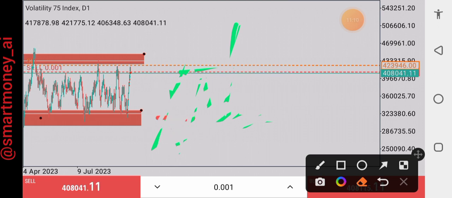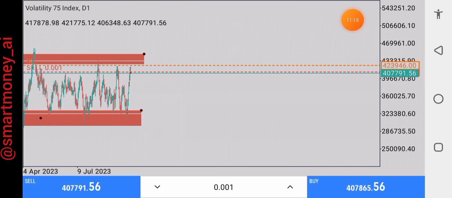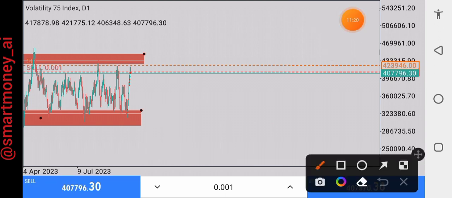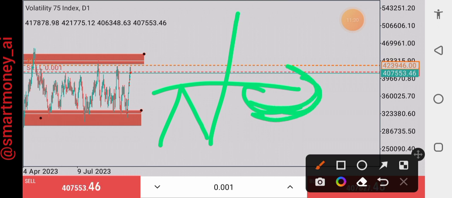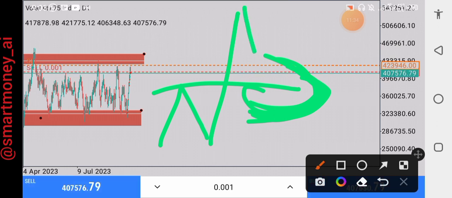Let me show you something again. Price does this, you mark your resistance. When price breaks a resistance, now this guy here isn't a resistance again, but it's a support. So when price retraces back to it, you take your buy, you target.